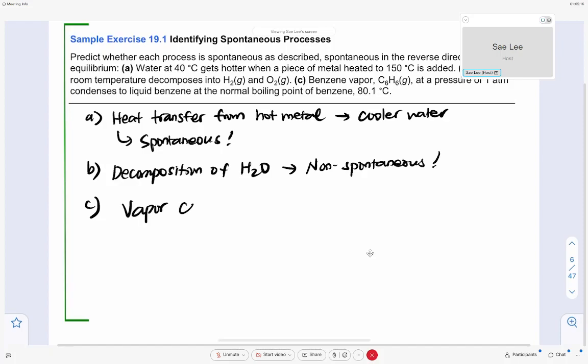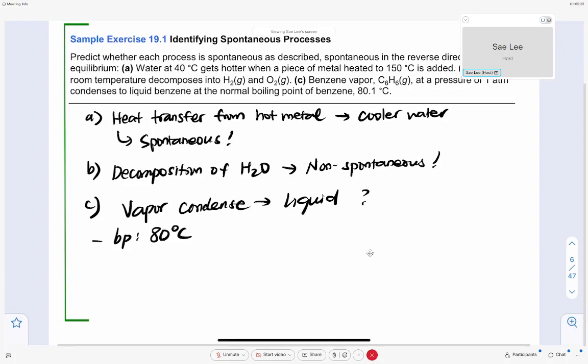Since the boiling point of benzene is 80 degrees Celsius, if your temperature is above 80 degrees Celsius, what's going to happen? The liquid will evaporate.